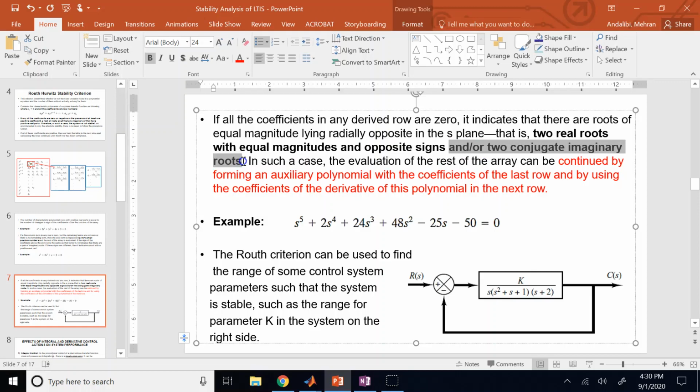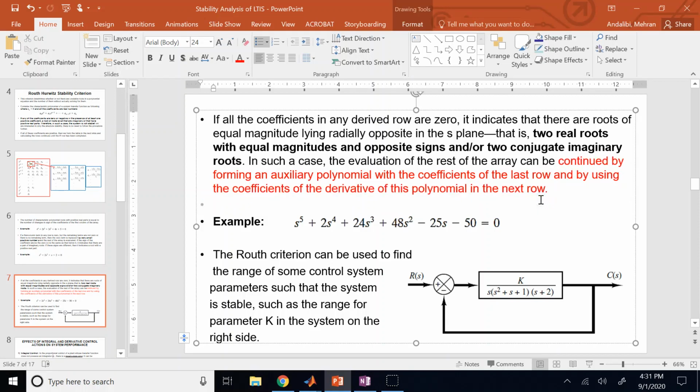So two roots like -2 and +2, or two roots like 3j and -3j. In such case, if we want to continue, we form an auxiliary polynomial with the coefficients of the last row, meaning the last row before the row of all zeros, and by using the coefficients of the derivative of that in the next row.